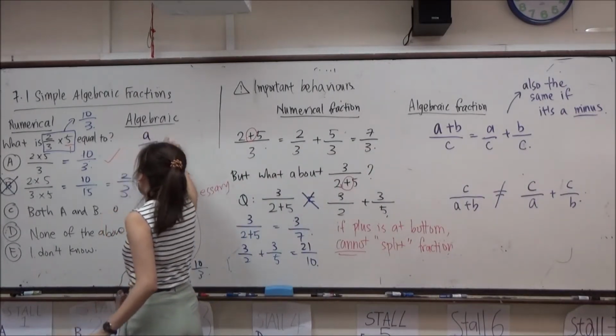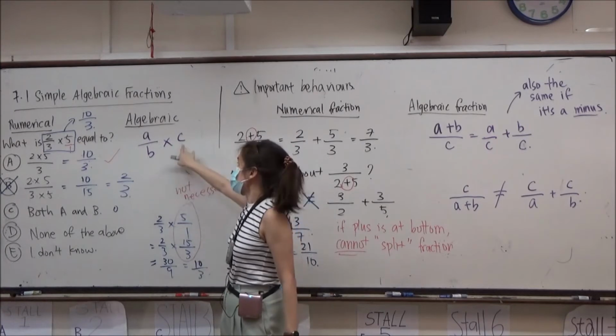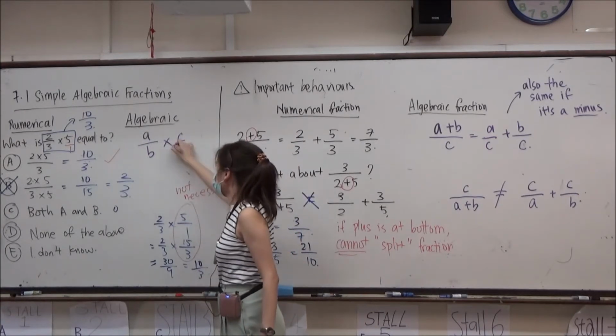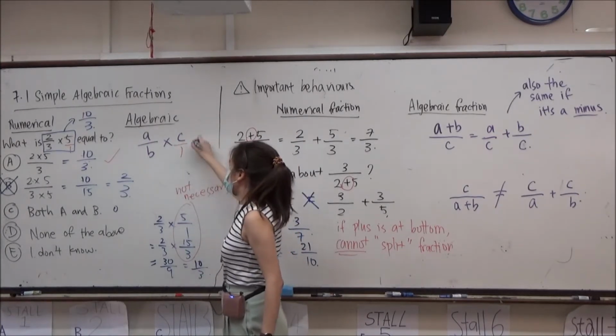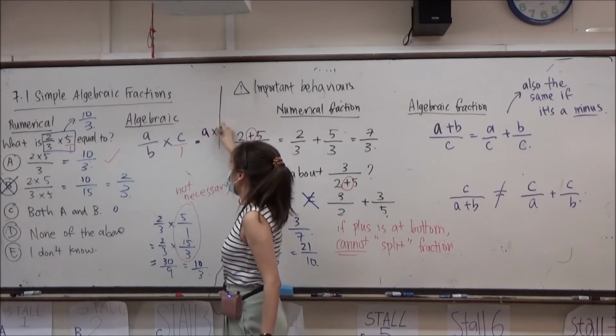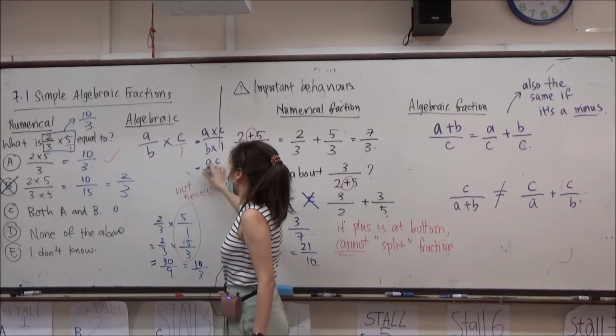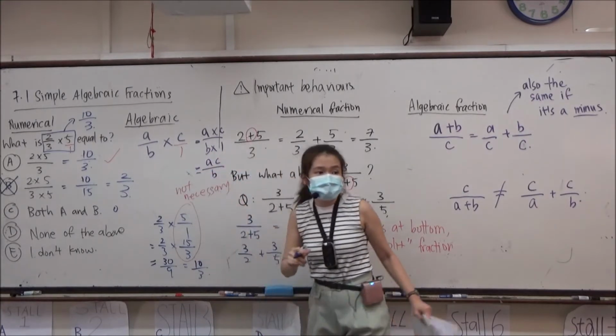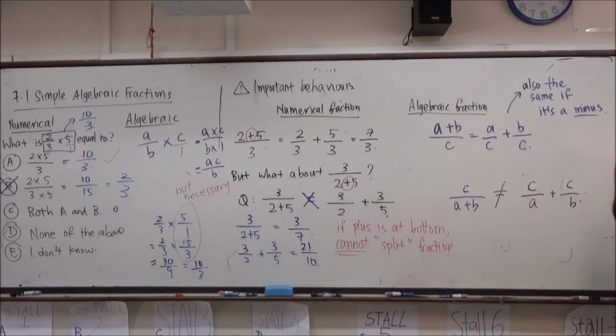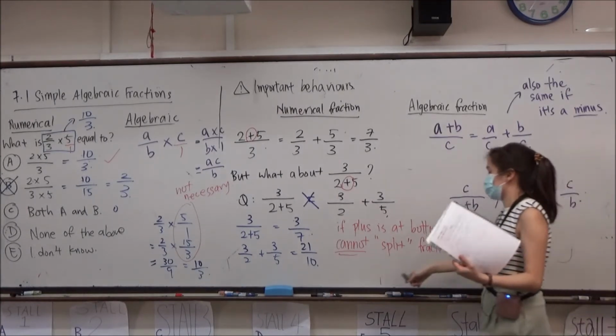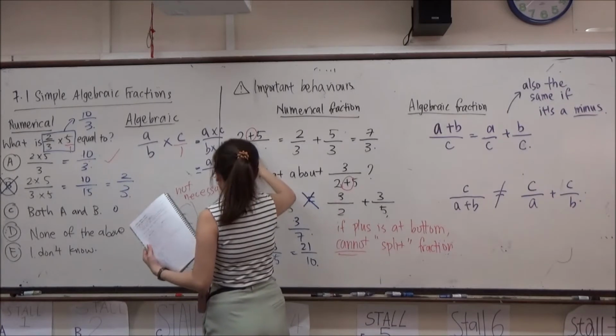If I have A over B times C, C is actually C over 1. So I will have A times C, which is AC, over B times 1. Alright, so this part is very important when we go into the second section of this chapter.